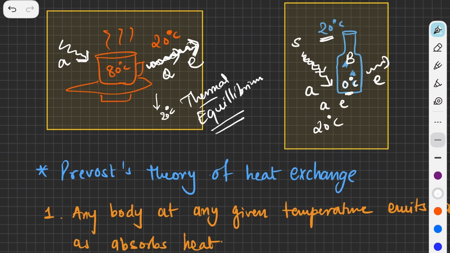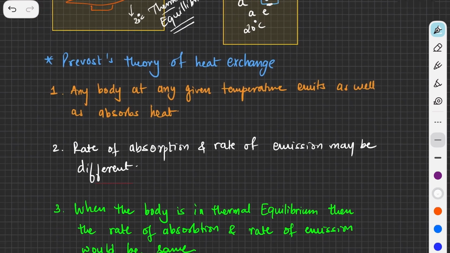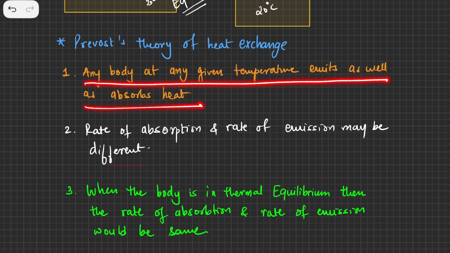Okay, so these are the 3 points which I have just discussed. Prevost theory of heat exchange: any body at any given temperature emits as well as absorbs heat. However high the temperature is, however low the temperature is, it doesn't matter, it will emit as well as absorb.